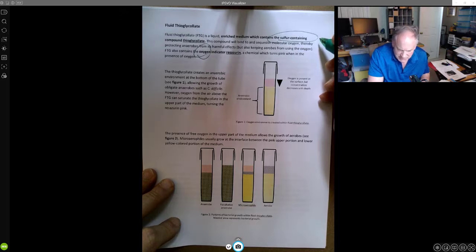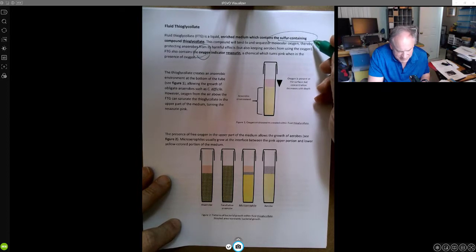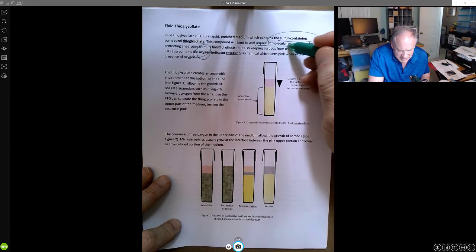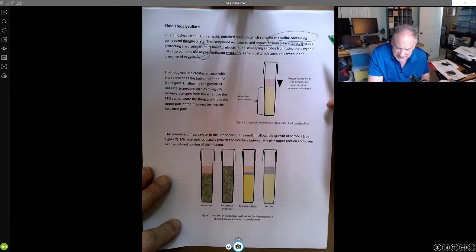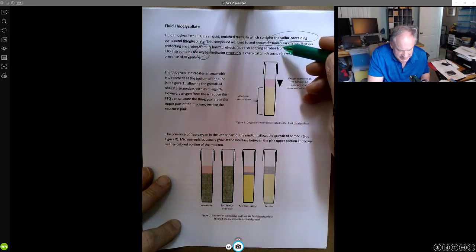What holds a perm basically in place is sulfur. Sulfur is pretty reactive, and so that's what you want. You want this substance to sequester molecular oxygen by binding to it, and then keep the harmful effects of the oxygen from getting to the bacteria.